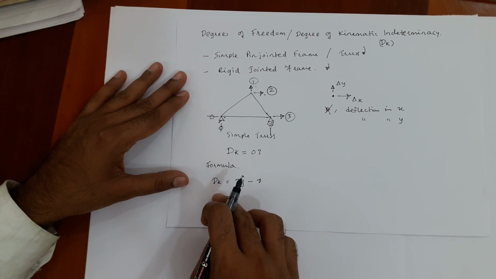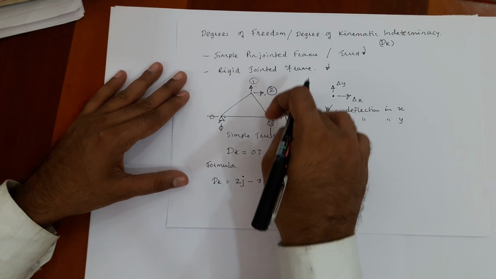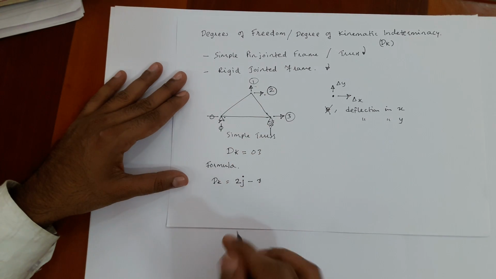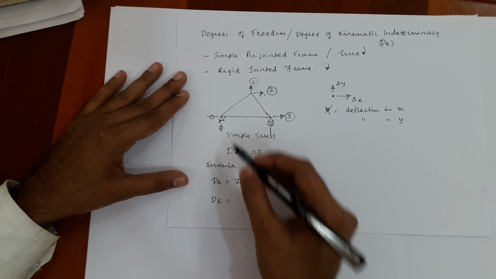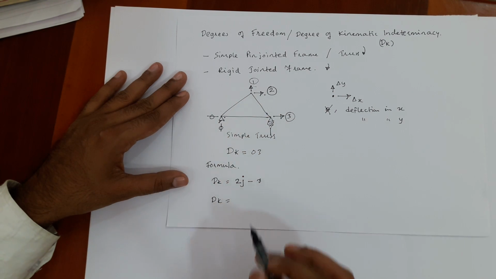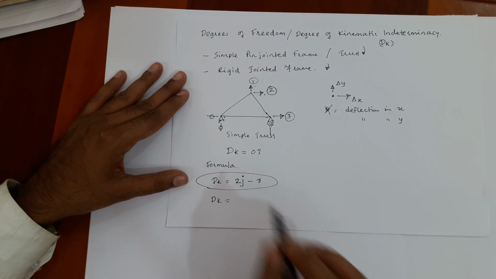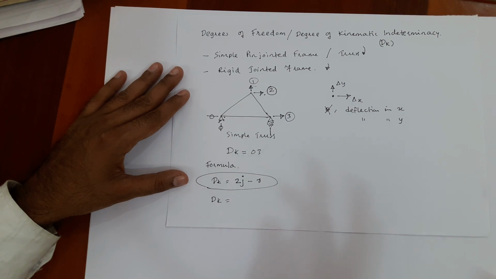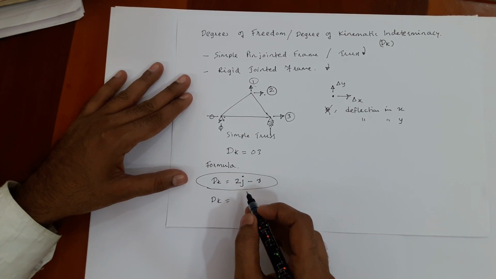Now we will use this formula to find the dk for this simple truss. You just have to count the number of joints and the number of reactions. You can directly use this formula. Whichever truss you want to solve, you can directly use this formula.